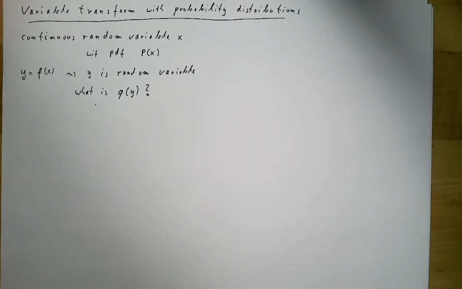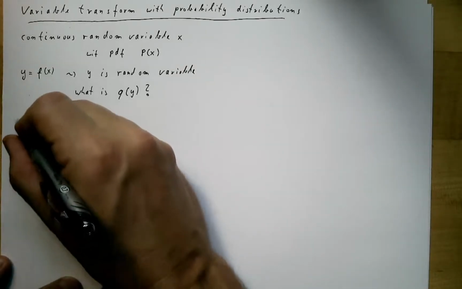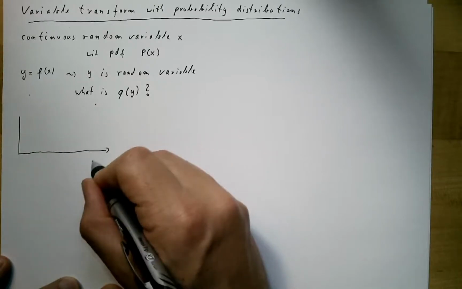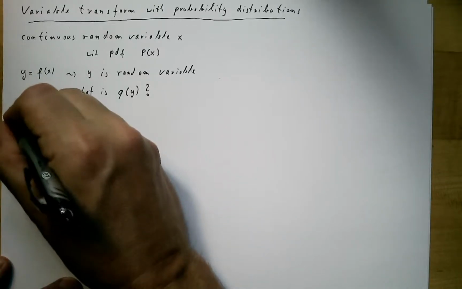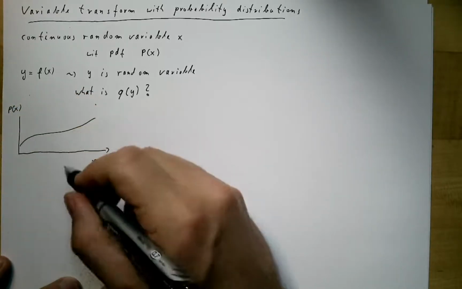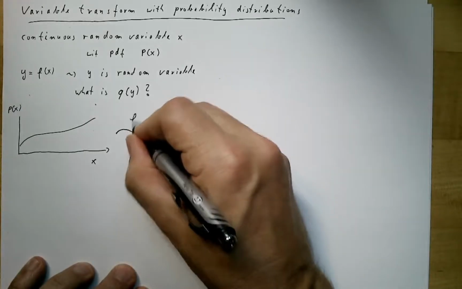We can depict this problem graphically. Here we have our continuous random variable x. Here we have p of x, that's our function. And now we make our transform.